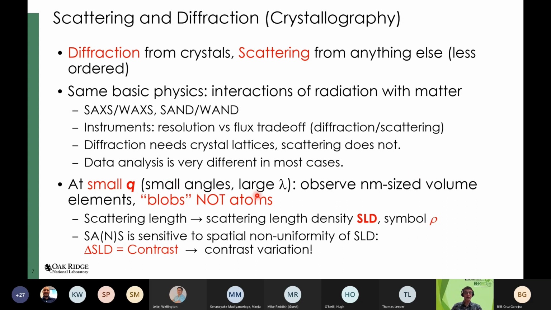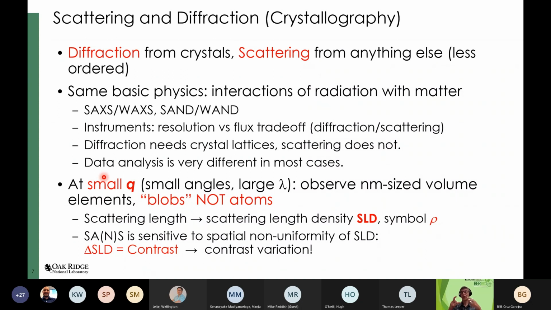Right, so that's that. One important feature is that when we have these very small Q, so when we're resolving relatively large structures, we are no longer sensitive to the atomic positions of individual atoms. We don't see them. They're not getting resolved in the measurement. Instead, we're seeing differences of somewhat larger distance.